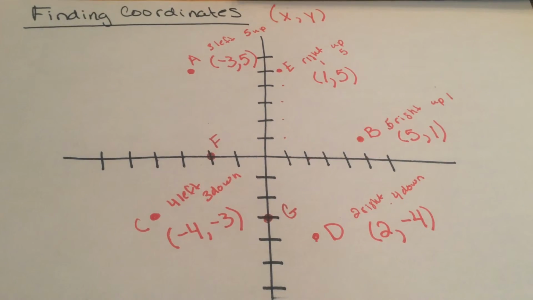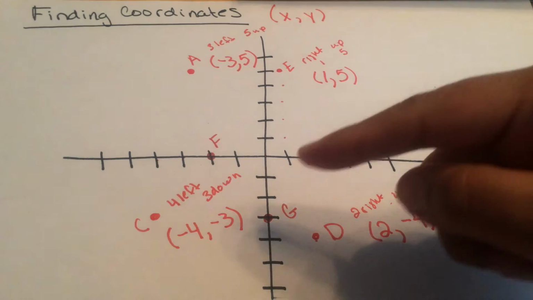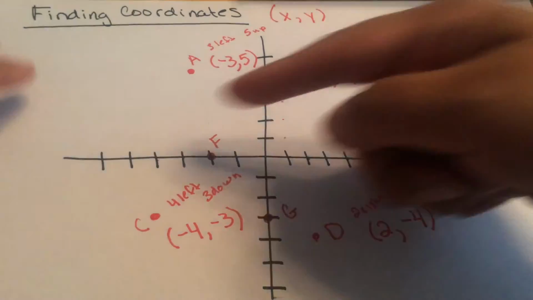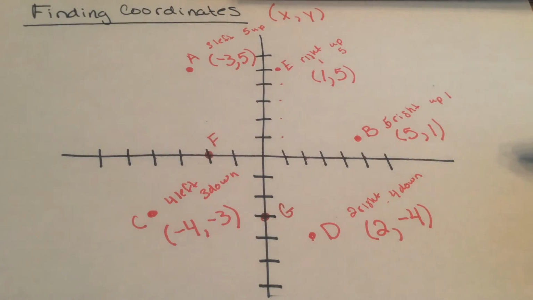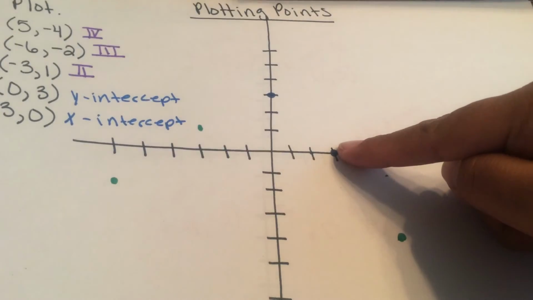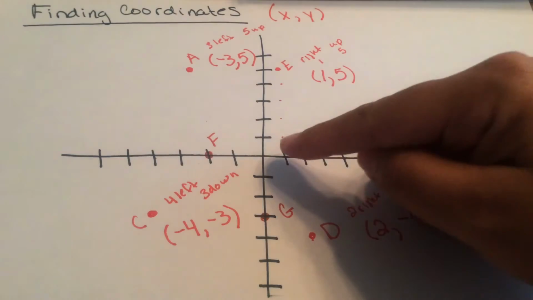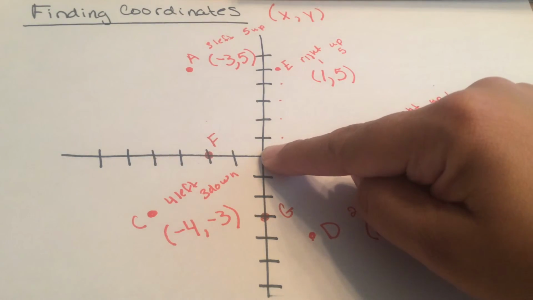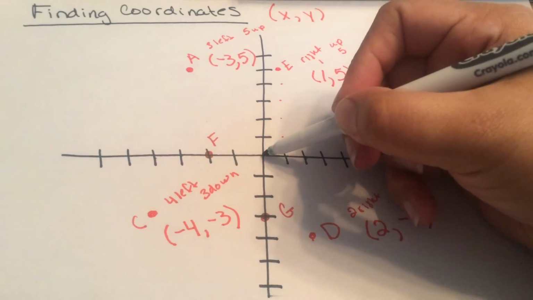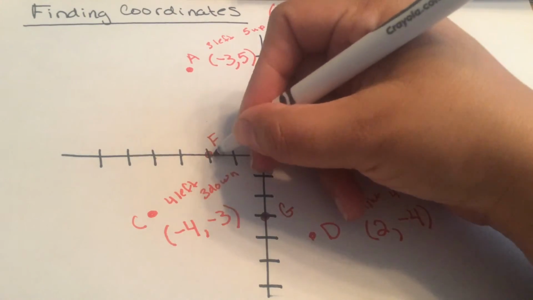So our last 2 points are by far the trickiest points. If we notice, point F is along our x-axis. What we just saw was anytime we have a point on our x-axis, that's going to be an x-intercept. But that doesn't tell its location. So first, we're going to find that coordinate. Again, if we start at the origin, I'm going to move to the left 1, 2 places.